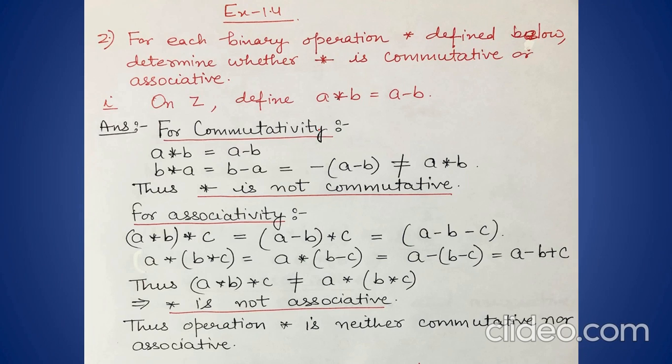So for commutativity के लिए हम क्या चेक करेंगे? A star B must be equal to B star A. Now first A star B that is given to be A minus B. अब अगर हम ऑर्डर चेंज करते हैं that is B star A अगर हम फाइंड आउट करते हैं that will be equal to B minus A. A के प्लेस पे B आ जाएगा और B के प्लेस पे A. But we know B minus A will be negative of A minus B. So that won't be equal to A star B. That is A star B and B star A are not equal.